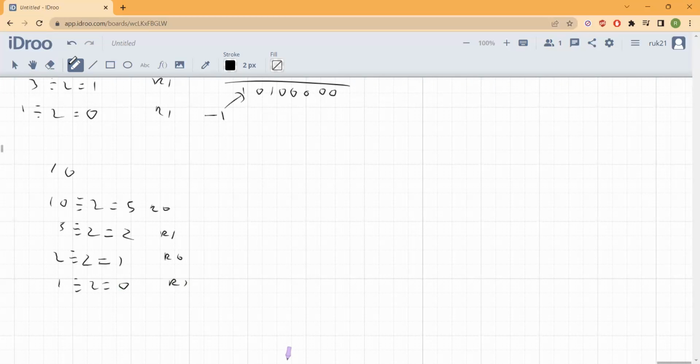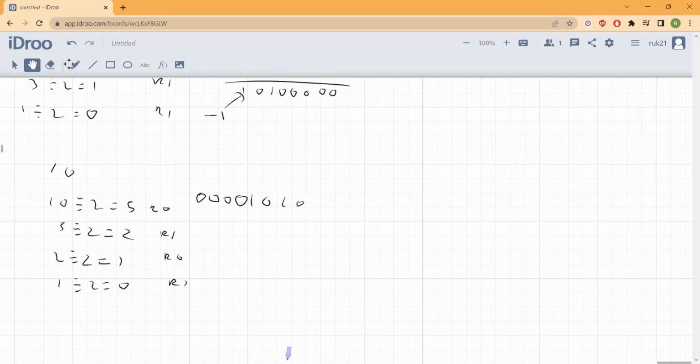So 10 in binary is 1010, and then we need to pad it in the front with 0, 0, 0, and finally another 0. And there we have it. That's its 8-bit 2's complement. This tells your computer that we have a 10 in our integer.